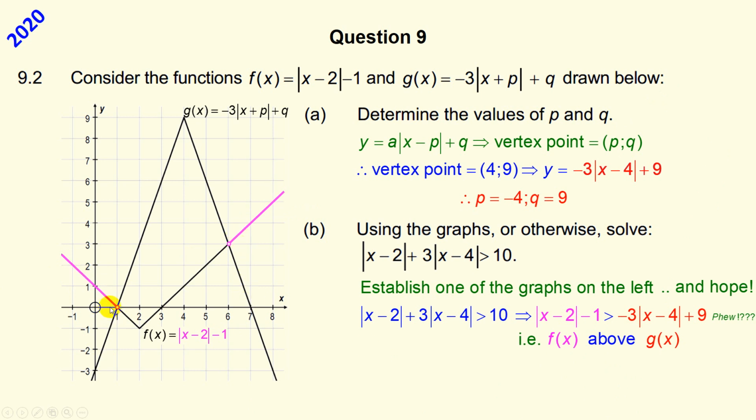So now all we have to do is describe these areas. Notice the little exclusion points, because it's greater than, not or equal to. So therefore x is to the left of 1, so x is less than 1, and to the right of 6, therefore x is greater than 6.